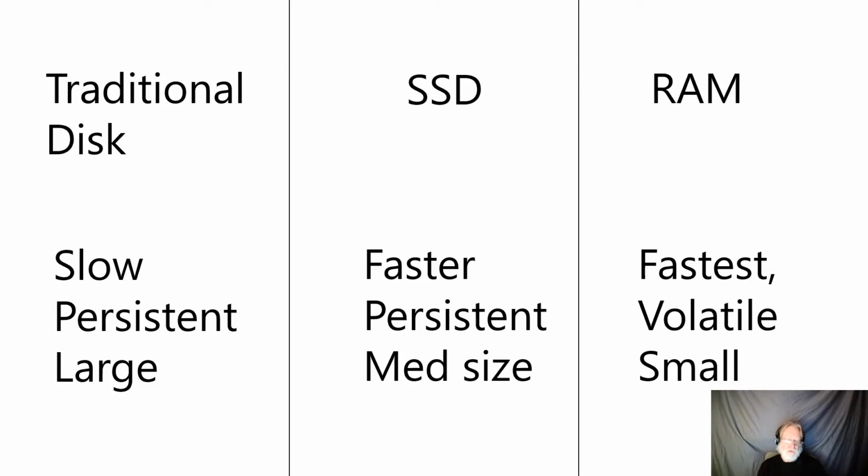You're not dealing with spinning rust, the platters that spin around that have iron oxides to hold the magnetic charges. SSDs are more memory chip-like on the inside. So it's faster, it's persistent, typically not going to be the very huge sizes you can get with some spinning media disks. So it's kind of a middle ground. It's faster than disks, slower than RAM.